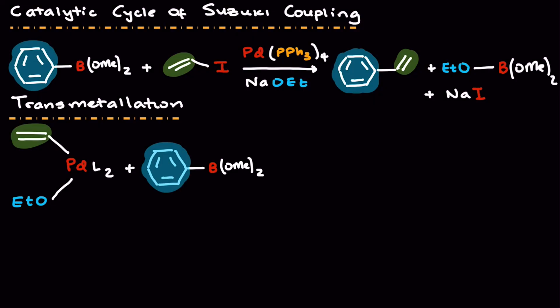Okay, so here is our organoboron compound that we're going to go through a transmetallation with. So one thing to remember here is that boron is sp2 hybridized technically, and boron has a really strong affinity to oxygens. We can see even in this particular scenario, boron is bound to 2 methoxy groups.